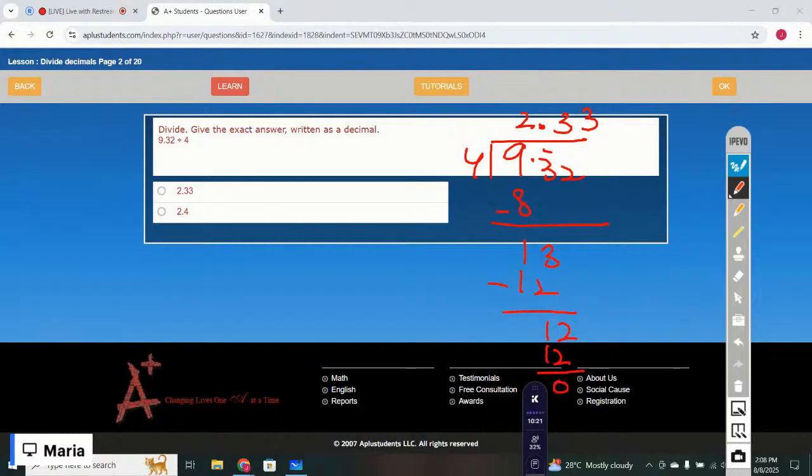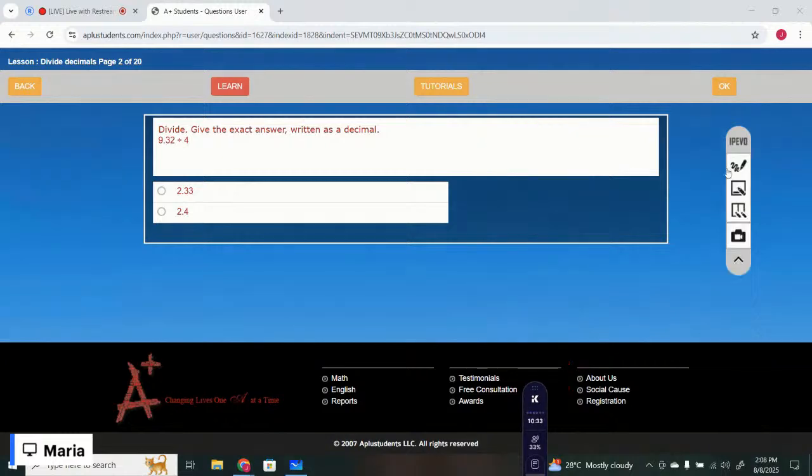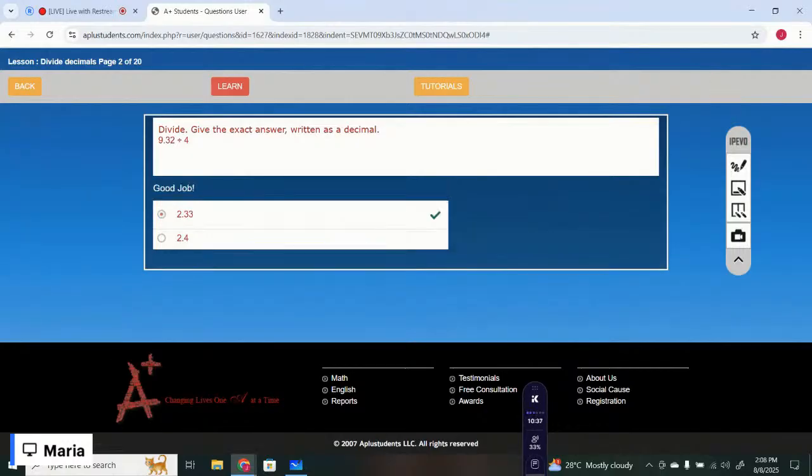That is 2.33. Option number 1 is the correct option. Very good.